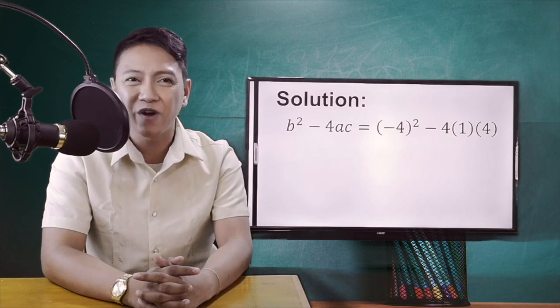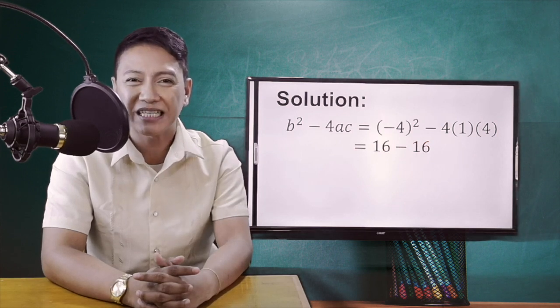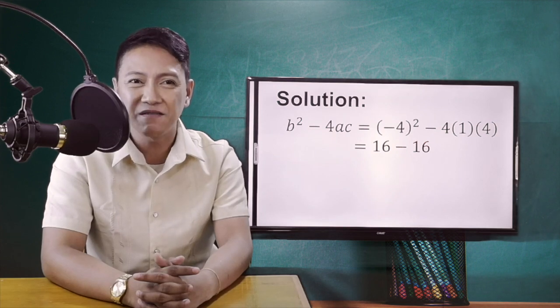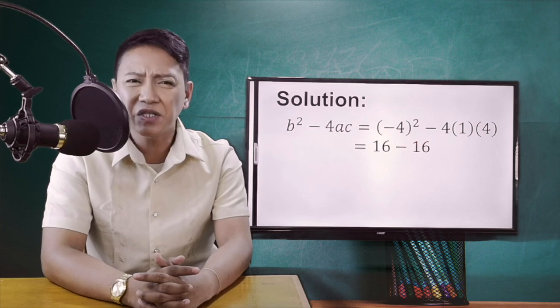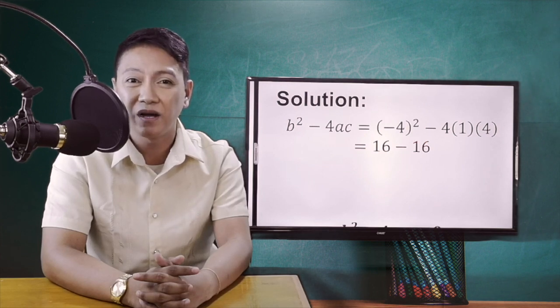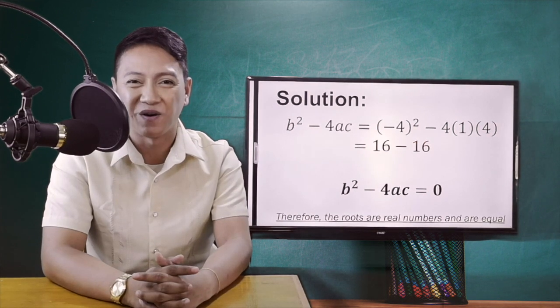The square of negative 4 is 16, and the product of 4, 1, and 4 is also 16. Performing the operation, 16 minus 16 is equal to 0. Since the discriminant of the quadratic equation x squared minus 4x plus 4 is equal to 0 is 0, therefore, the roots are real numbers and are equal.